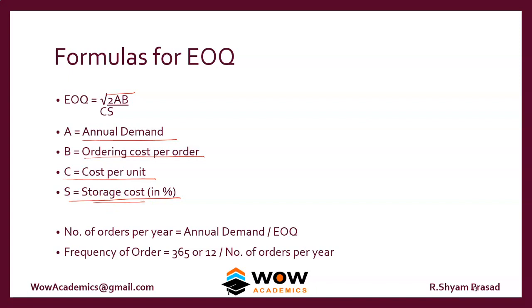We can also find the total number of orders you have to make in a year: annual demand divided by EOQ. So what is the frequency of orders? You can find it by dividing 365 or 12 by the number of orders per year. This will tell you the frequency of orders.